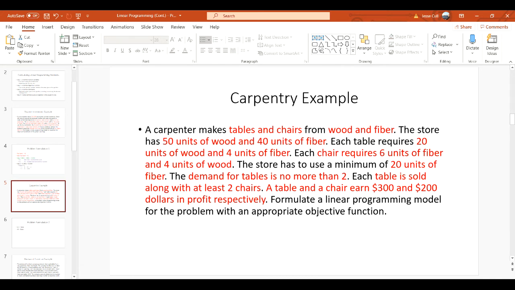So a table and a chair earn $300 and $200 in profit respectively. It doesn't say here what we're trying to maximize, but because it's a manufacturing problem, and because this carpenter probably wants to make money, we're going to assume he's trying to maximize profit.